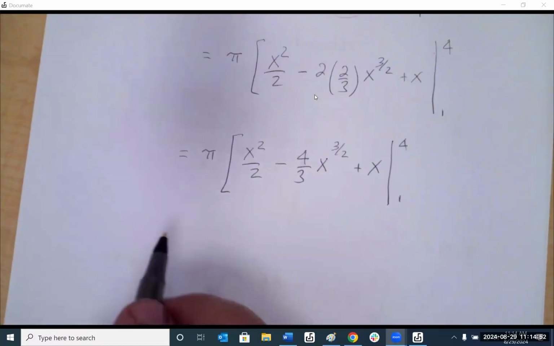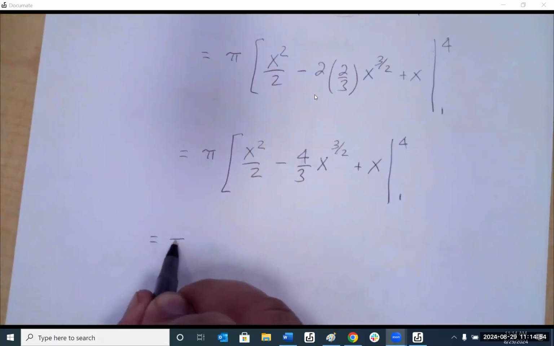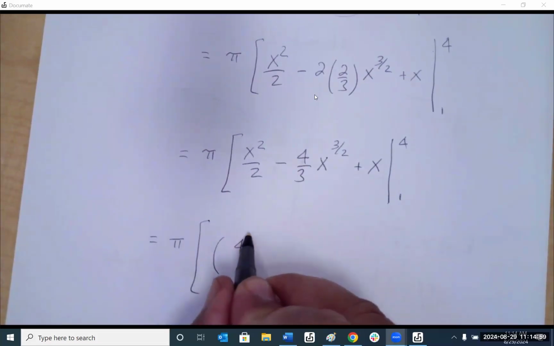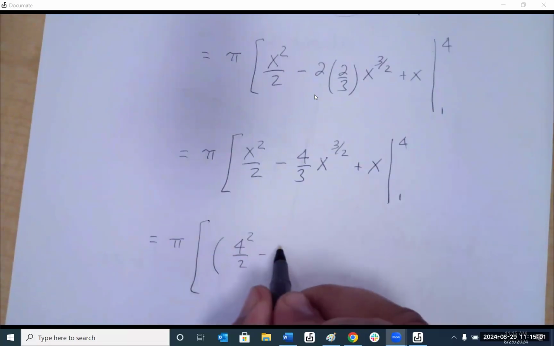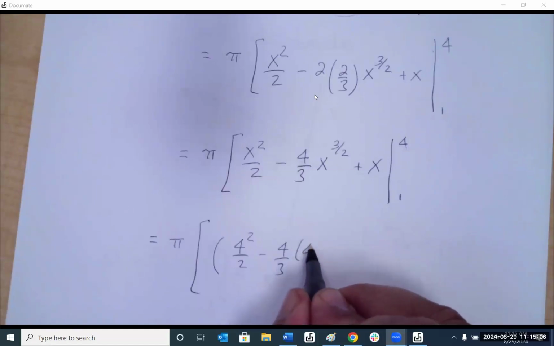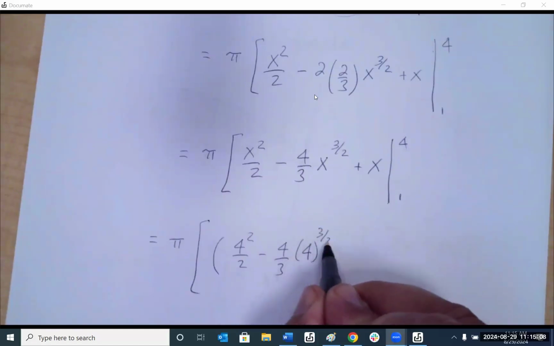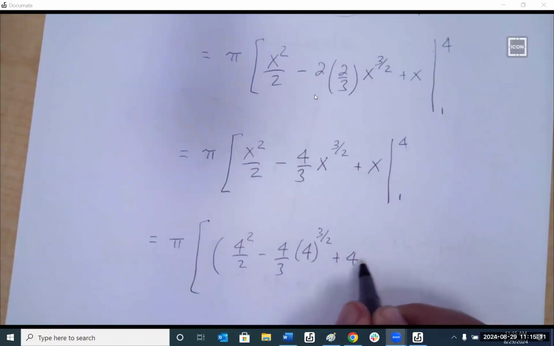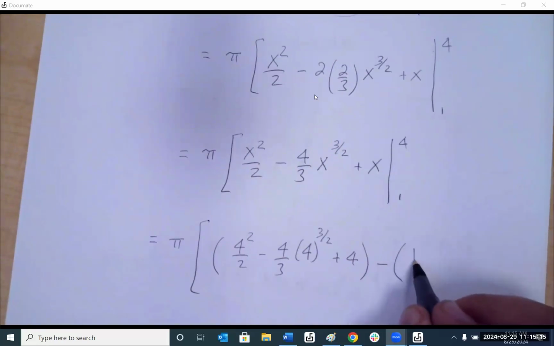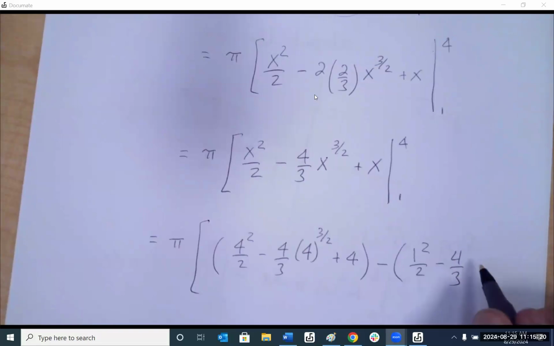Now we can put the numbers in. Four squared over 2. 4 over 3. 4 to the power of 3/2 plus 4 minus 1 squared over 2. 4 over 3, 1 to the power 3/2 plus 1.